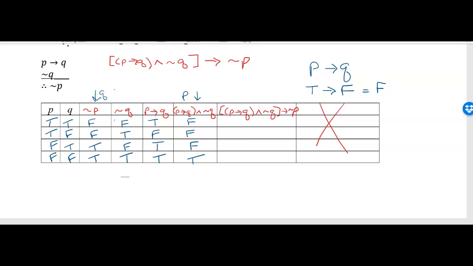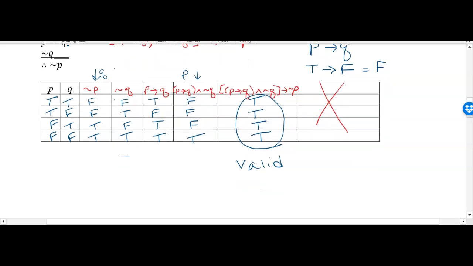There is no T followed by an F. That means that this is all true. This is a tautology then, because they're all true at the end, and hence this argument is valid. Okay, first time can be a little overwhelming.